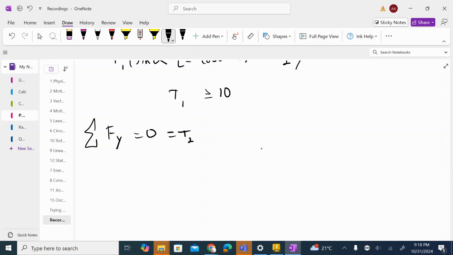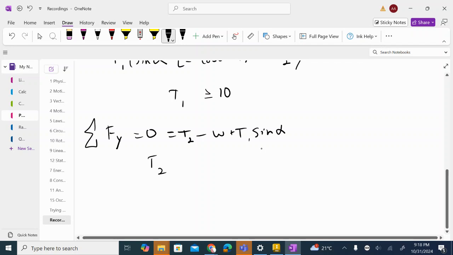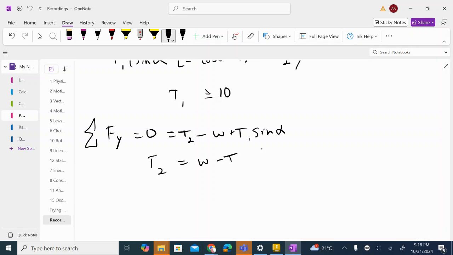I know I didn't state the question, but it's not moving, which then we're going to get the equation T2 minus W plus T1 sine phi. And then you can solve for T2. So T2 would be equal to W minus T, actually guys, we're not doing the rearranging. What did I do? I don't know. I'm confusing myself.